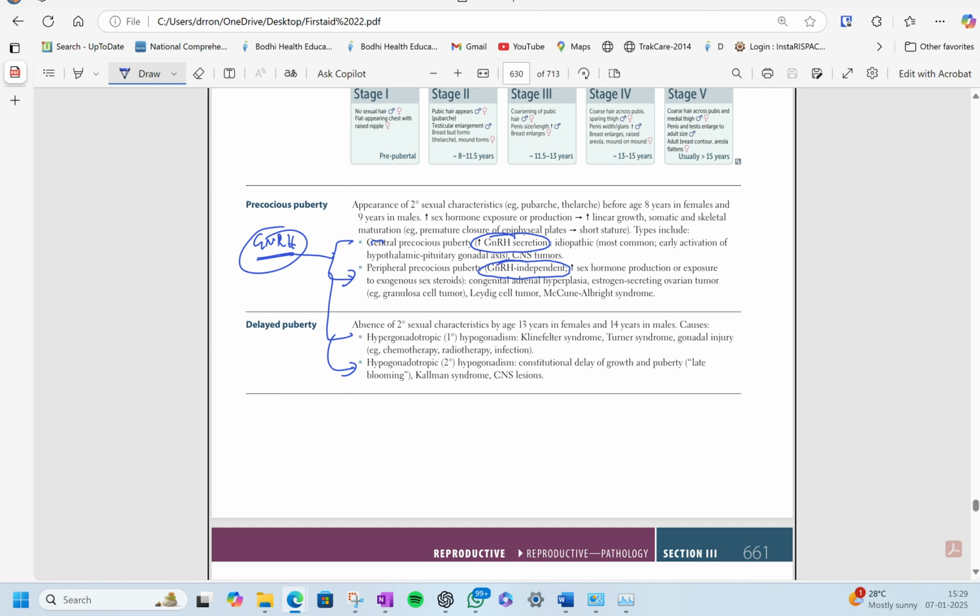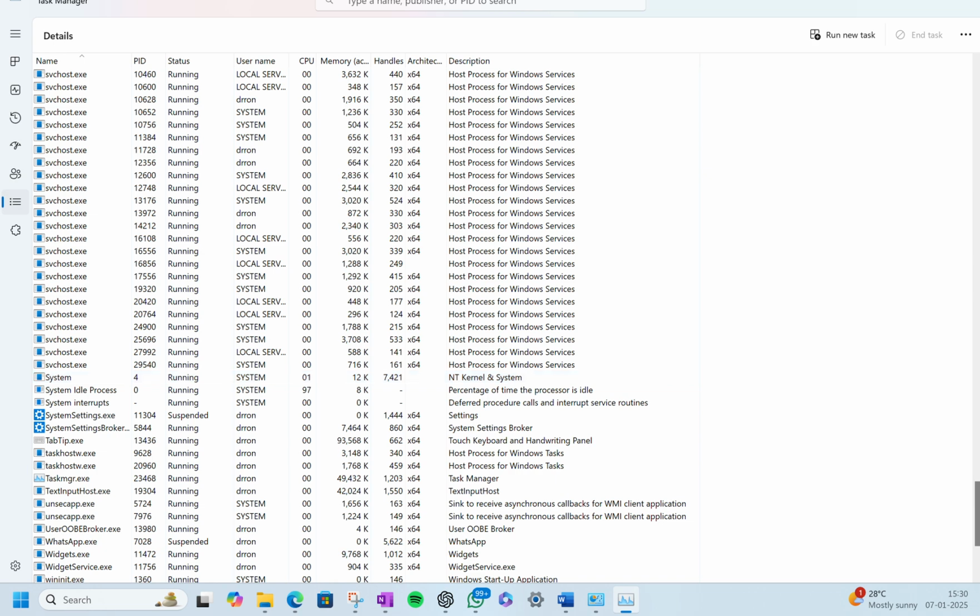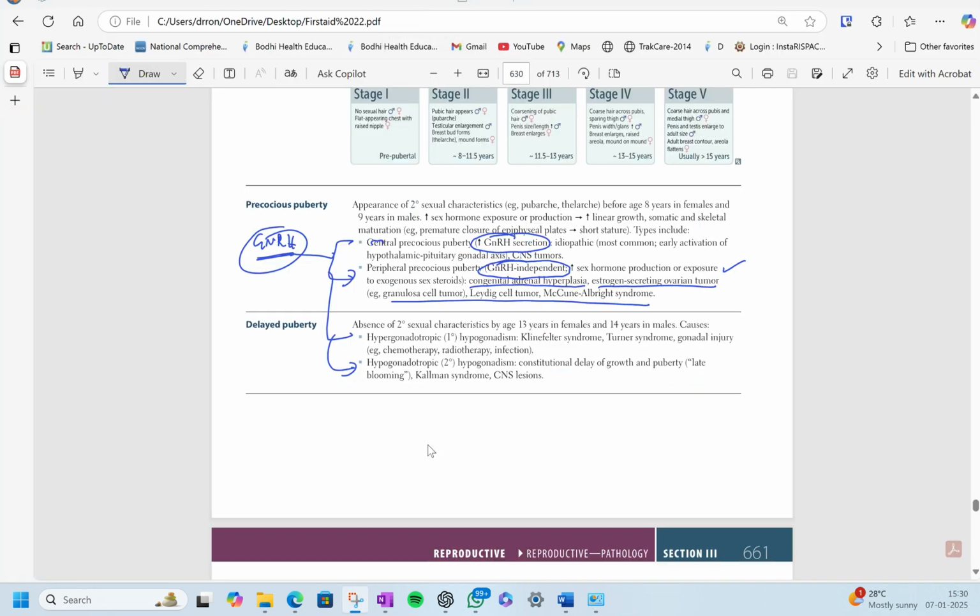If it is GnRH independent, then there will be an external source of sex hormone production, or congenital adrenal hyperplasia, ovarian tumors, Leydig tumors, McCune-Albright. If it is delayed, you can have hypogonadotropic delay: constitutional late blooming, Kallmann, CNS lesion, decreased GnRH. So anything in puberty, start with GnRH. It will help you solve the entire thing.